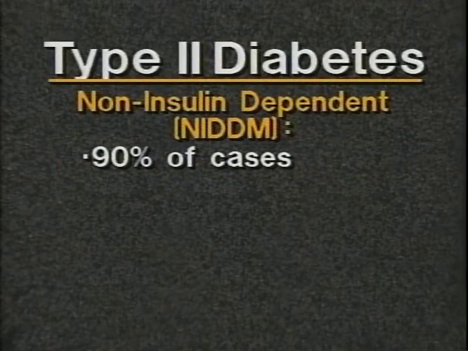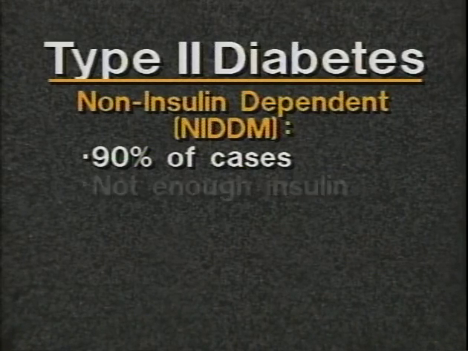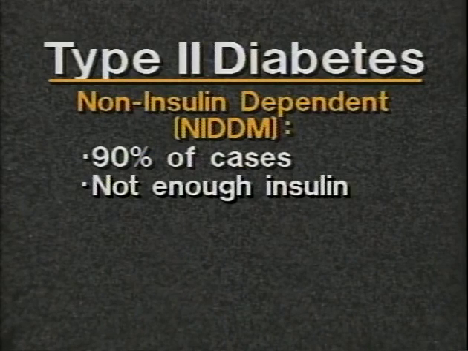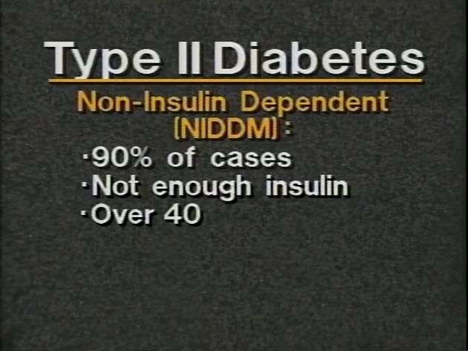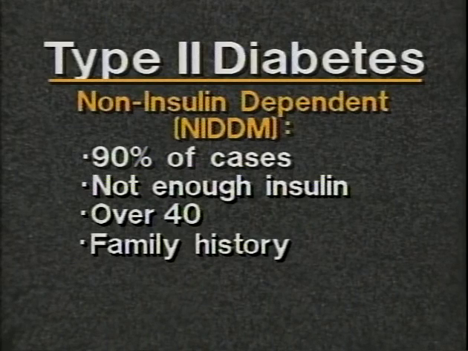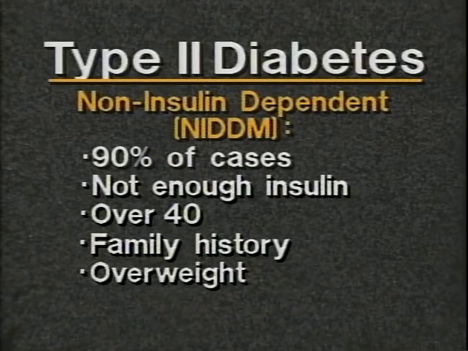90% of diabetics are type 2. This is called non-insulin dependent diabetes or NIDDM. These diabetics don't produce enough insulin or their bodies can't use it properly. Type 2 diabetes is most likely to occur in people over 40 years of age who have a family history of diabetes, had diabetes during pregnancy, have poor eating habits, or are seriously overweight.